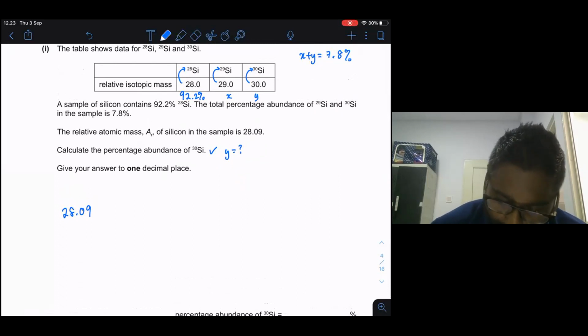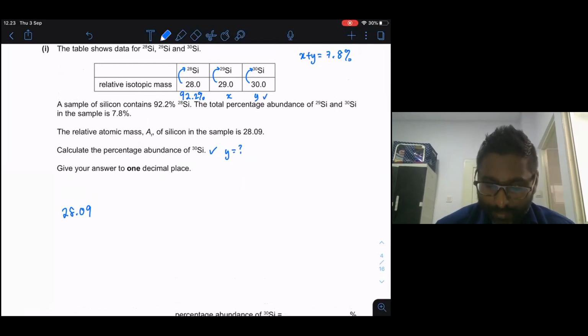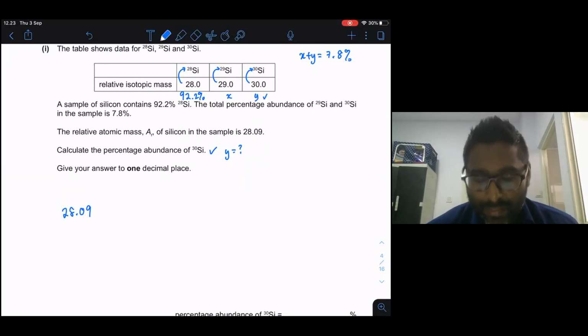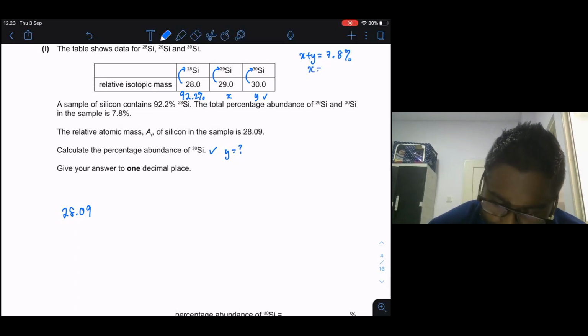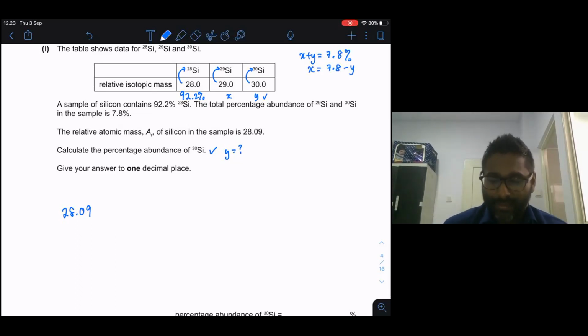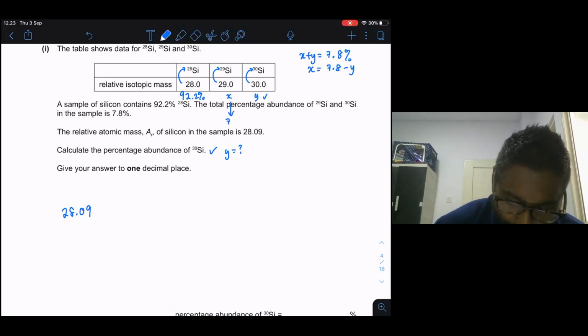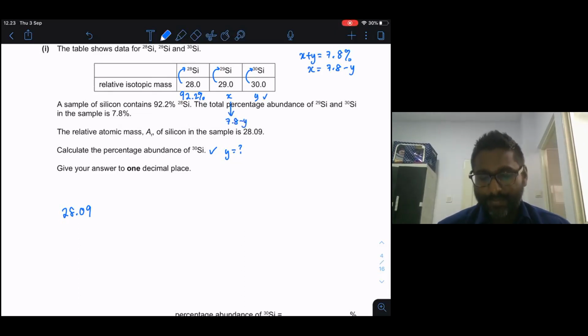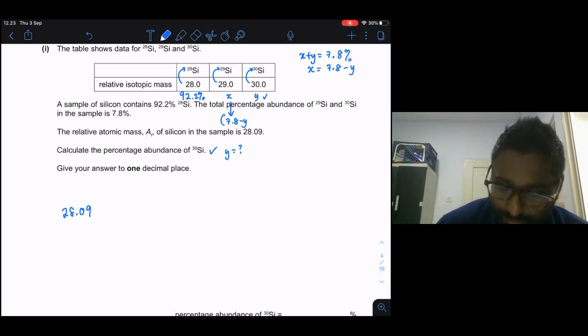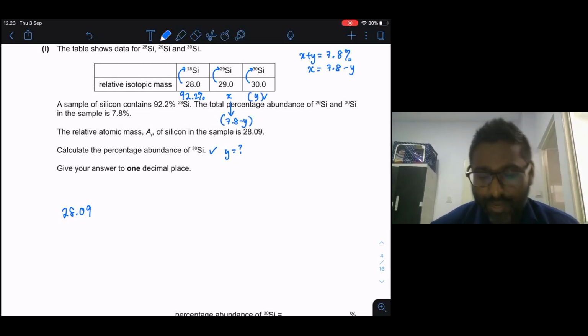Since I'm looking for Y, I can actually eliminate X. So what is X? X is 7.8 minus Y. Okay, instead of using X, I will use everything in Y form.